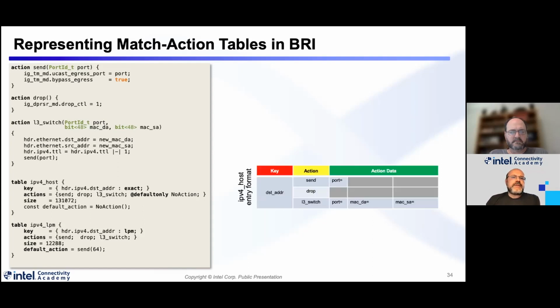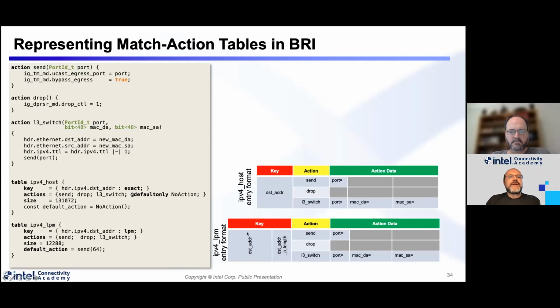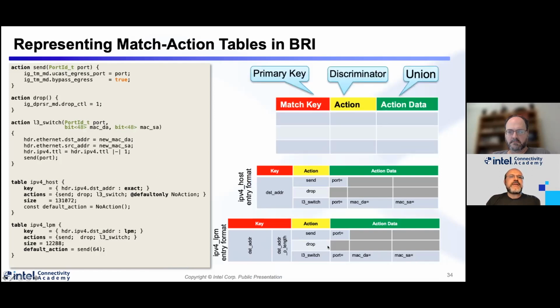And in a sense, when we look at standard match action tables, both APIs look at them pretty much the same way. You have an entry which contains a key, contains the action, and then a variety of action data. The key itself depends on the match kind that is defined in the program. And then, of course, the action data depends on the action that is specifically defined. So this is pretty much the same idea.